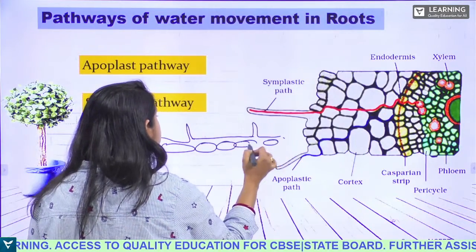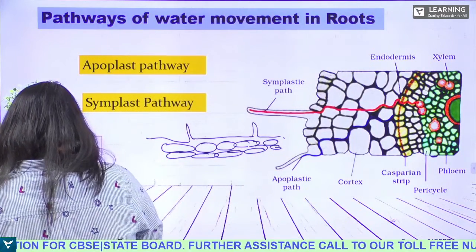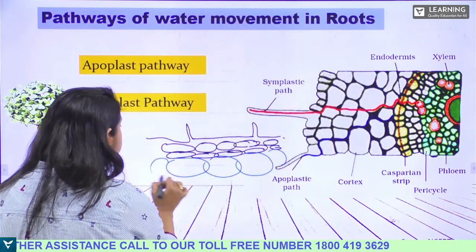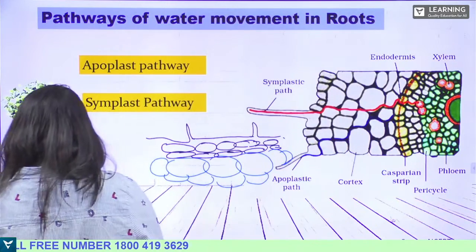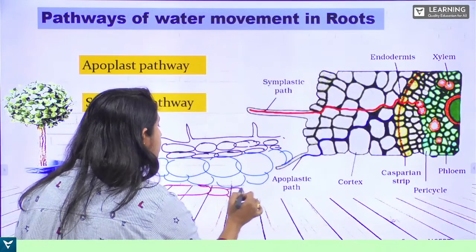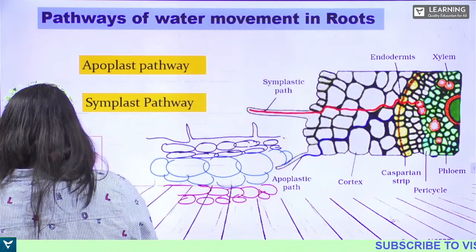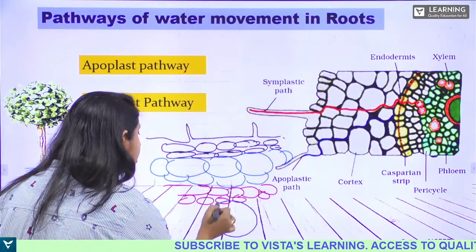These are the epidermis. Now these are the cortex. Cortex are the loose cells, made up of parenchyma. Now the red portion, these are the endodermis, and inside you will find the pericycle, right?